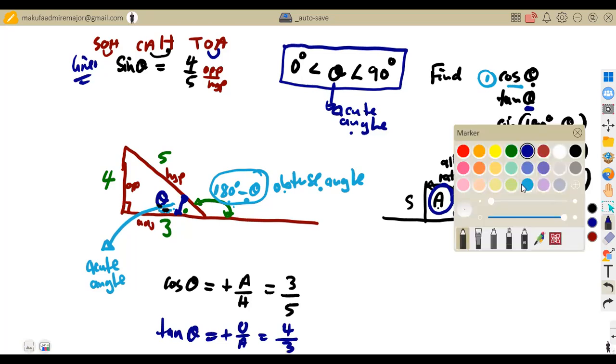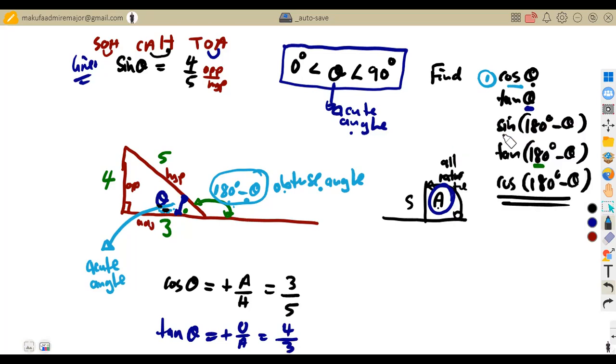All right, let us consider these ones now where they are saying sine of 180 minus theta. What is it that we are going to have on sine of 180 degrees minus theta? This one simply represents another angle. So if this is acute, 180 minus theta is an obtuse angle. So what is the relationship that we know between the obtuse angle and its acute angle inside of our shape?